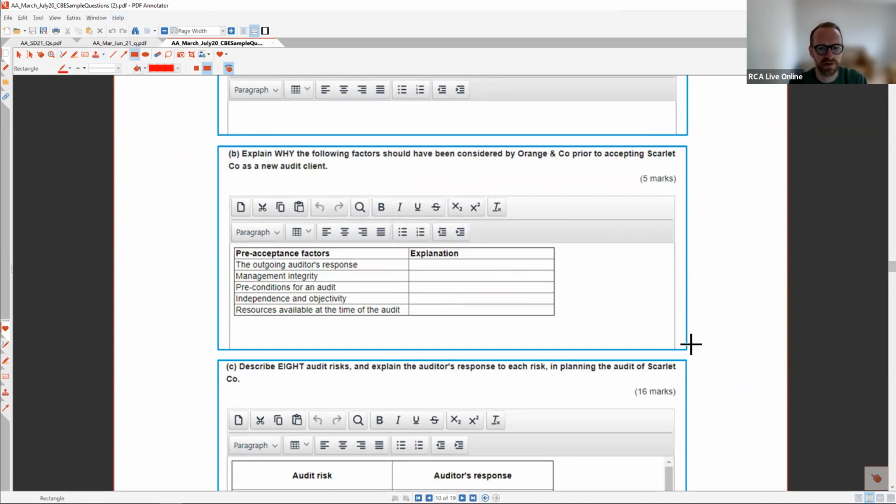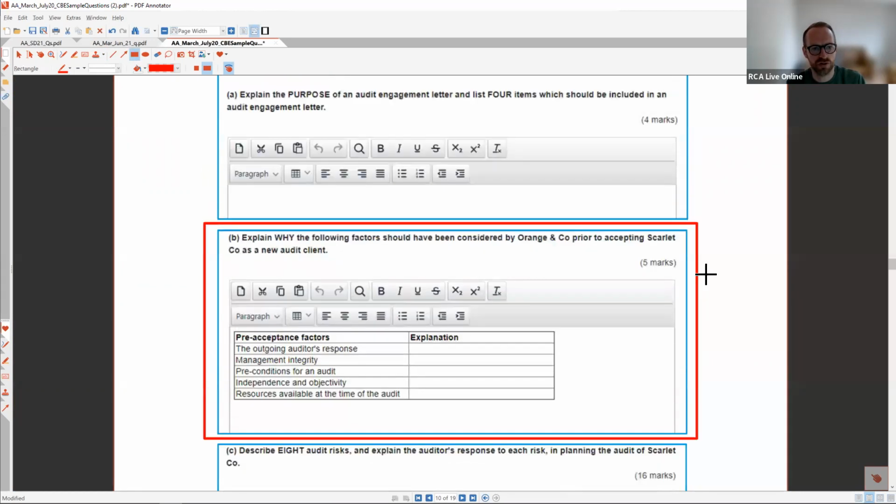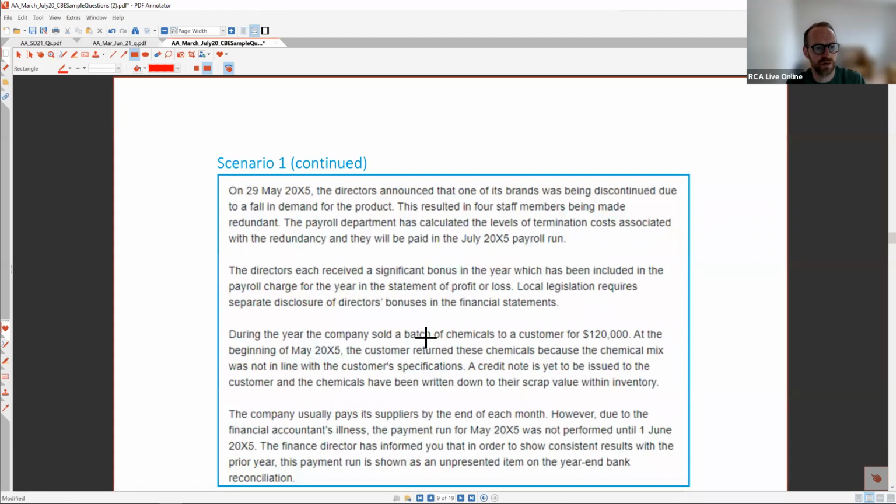Okay, so it's this bit here. Explain why the following factors should have been considered prior to accepting this as a new client. Okay, so you'll need to go back and have a read through the scenario.